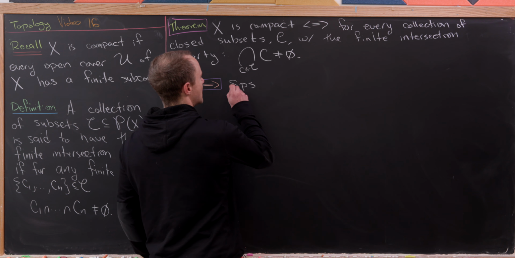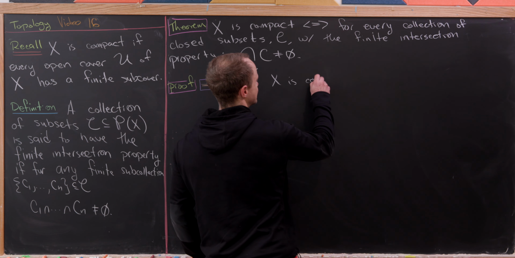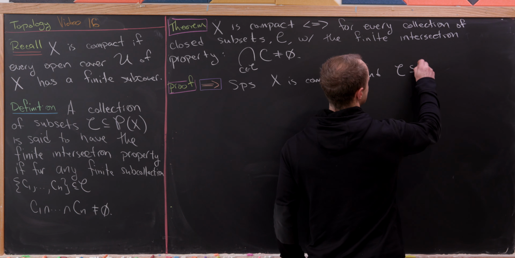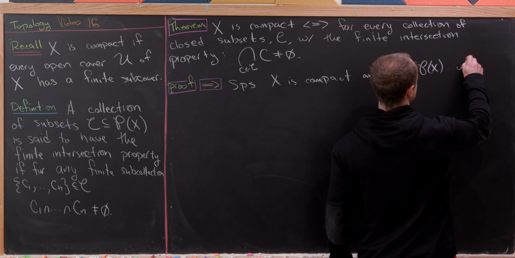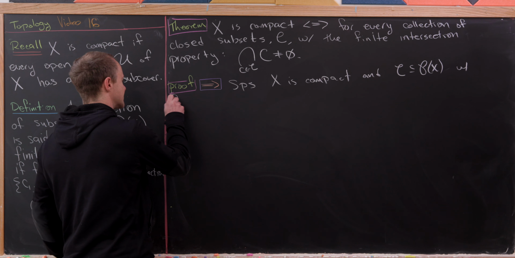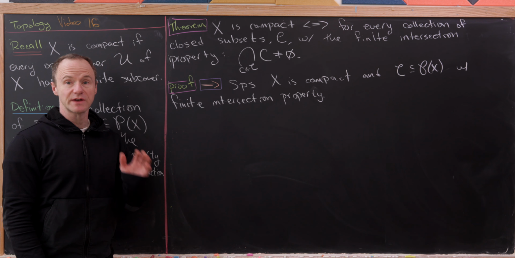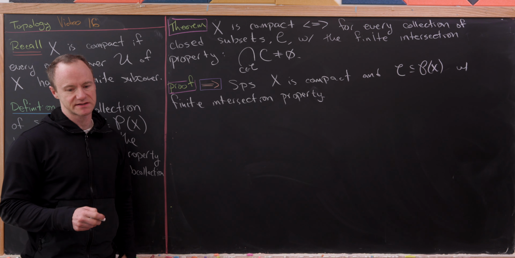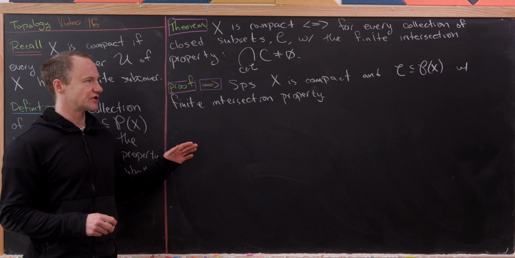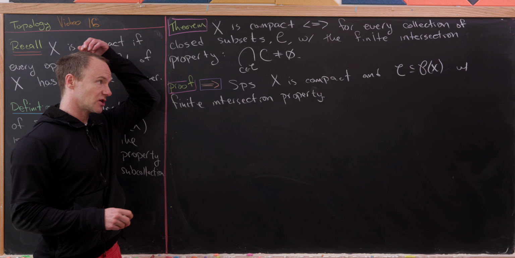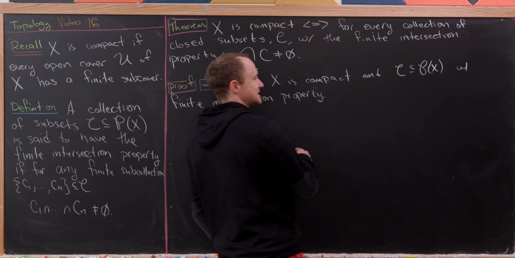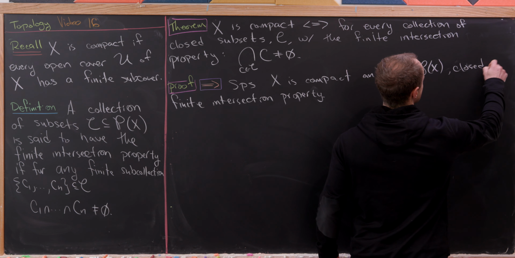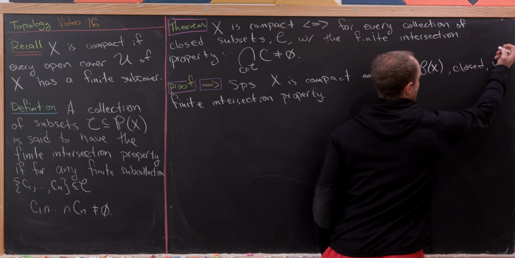Let's suppose that X is compact, so we're doing the forward direction first, and we've got this collection C of closed subsets of X with the finite intersection property. Now we want to use the fact that X is compact, so we better get a collection of open sets. We can form a collection of open sets out of our collection of closed sets by looking at their complements.